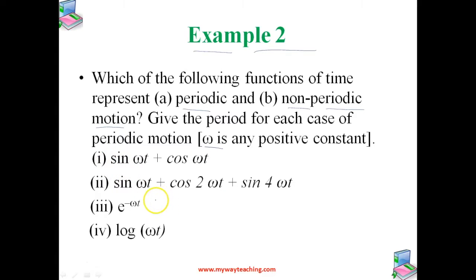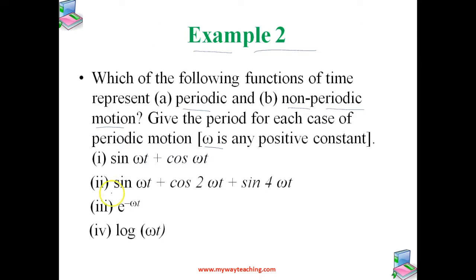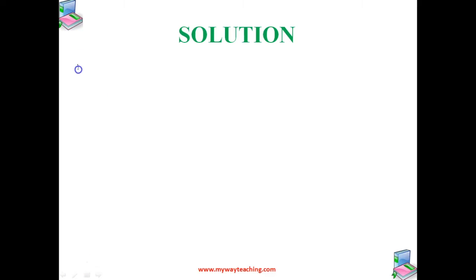Okay, so let us find the solution for the first one. The first one is sine omega t plus cos omega t, isn't it? Okay, this is a periodic function.